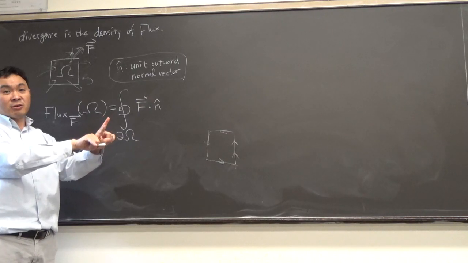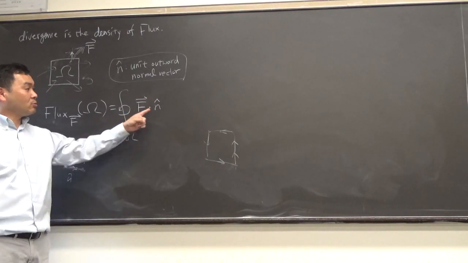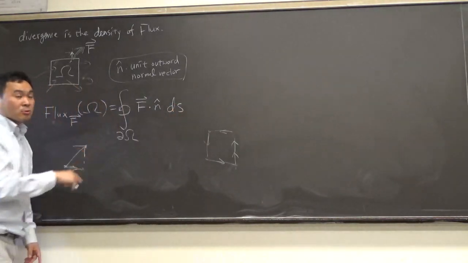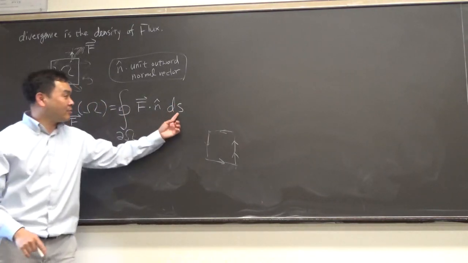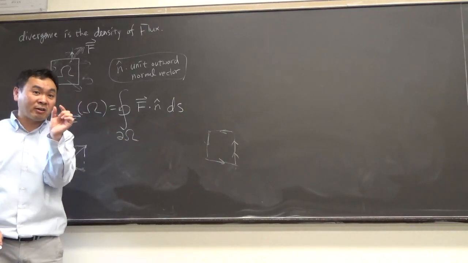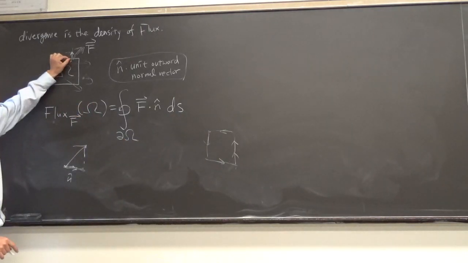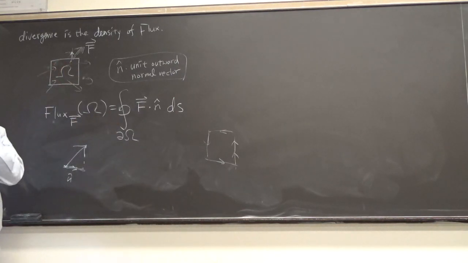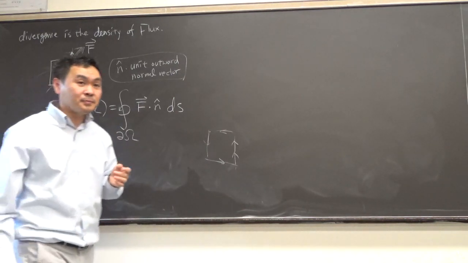If it's less than 90 degrees, it's positive. So you do that, and you add it up going around the circle. Here ds is a small infinitesimal arc element. So you're taking these quantities and adding them up. That's called the flux.